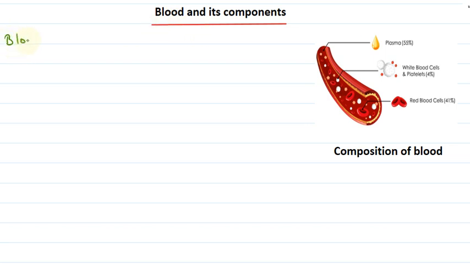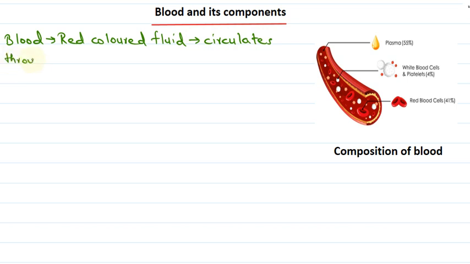So we can say that blood is a red colored fluid, and this fluid circulates through the body. Okay, the blood circulates through the body and it is responsible for transportation of materials.